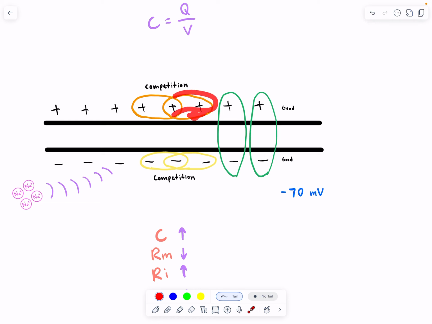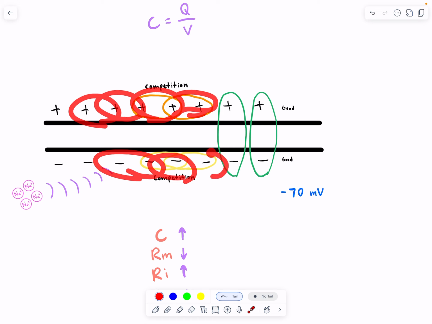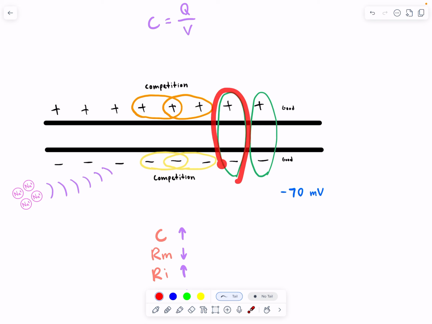There's competition between these positive charges all next to each other, but they like the positive to negative attraction so much that they just sit there and deal with that competition anyway. This means that when a positive charge signal comes through, there are so many negatives here that it's going to get stopped pretty quickly, so it can't travel very far.